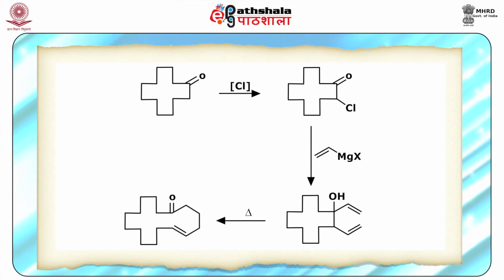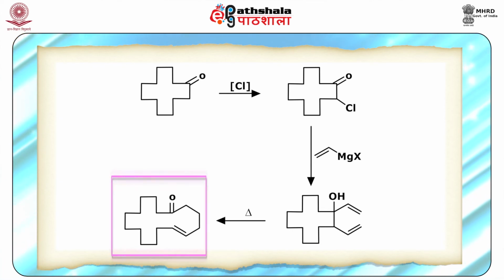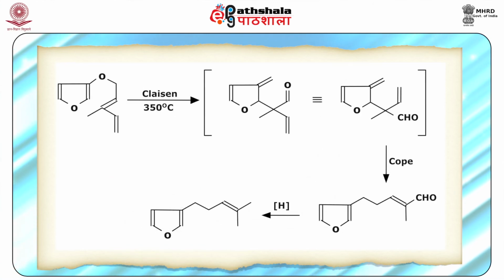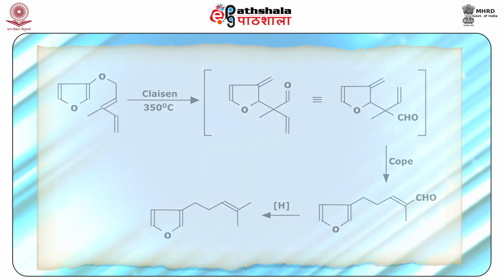One of the major applications of Oxy-Cope rearrangement was found in the synthesis of ambrettolide with the intensive musk odor. Finally, there are reactions that involve a tandem Claisen-Cope rearrangement as shown, carried out at 350 degrees Celsius.